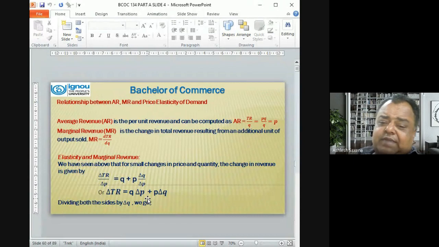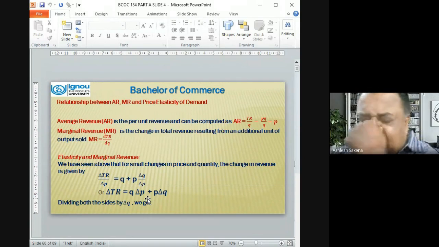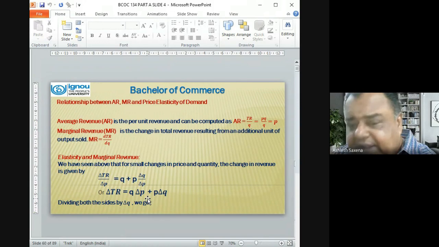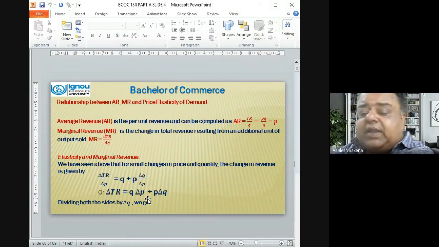What is the relationship between elasticity and marginal revenue? We know that for a small change of price it is delta P, and for a small change in quantity it is delta Q. Then what is the change in revenue?